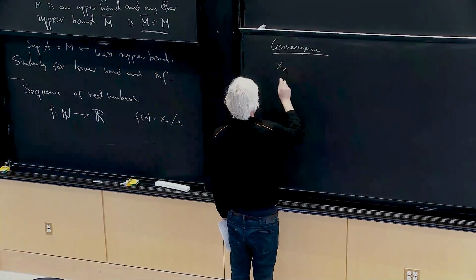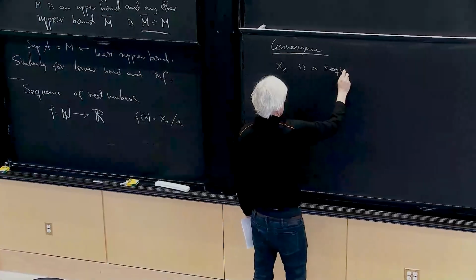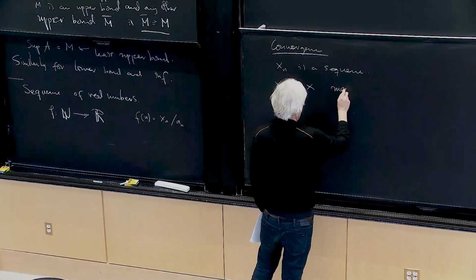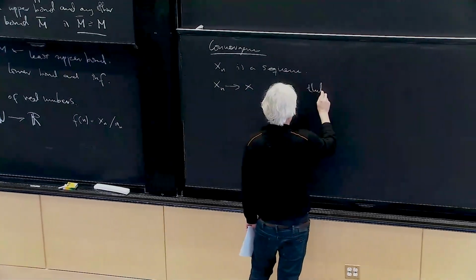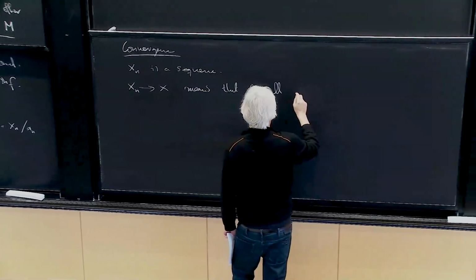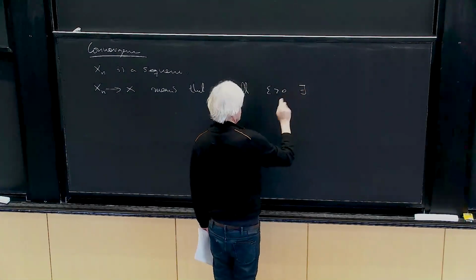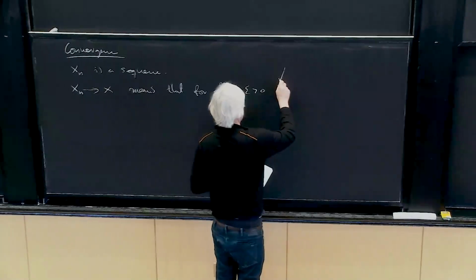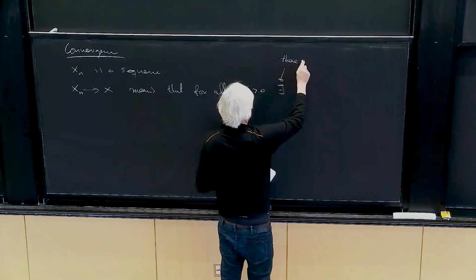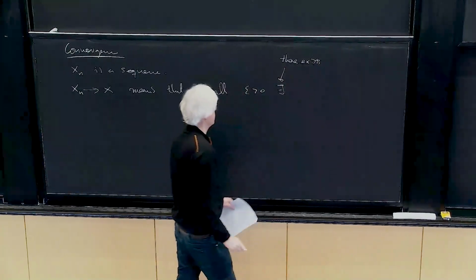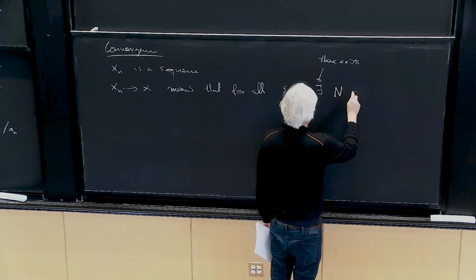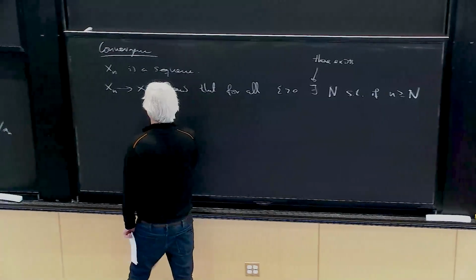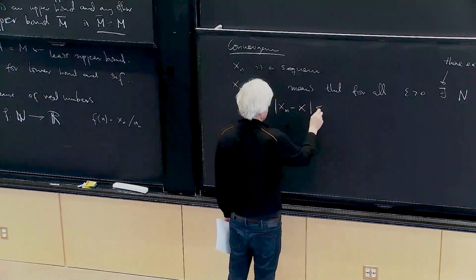So if this here is a sequence, that x_n converges to some x just means that for all epsilon greater than 0, there exists (I've used this symbol, I haven't used it until now, but it's just so hard not to use it; it means "there exists", it's not on the midterm, but it's a totally standard symbol) a capital N such that if little n is bigger or equal to capital N, then |x_n minus x| is smaller than epsilon.